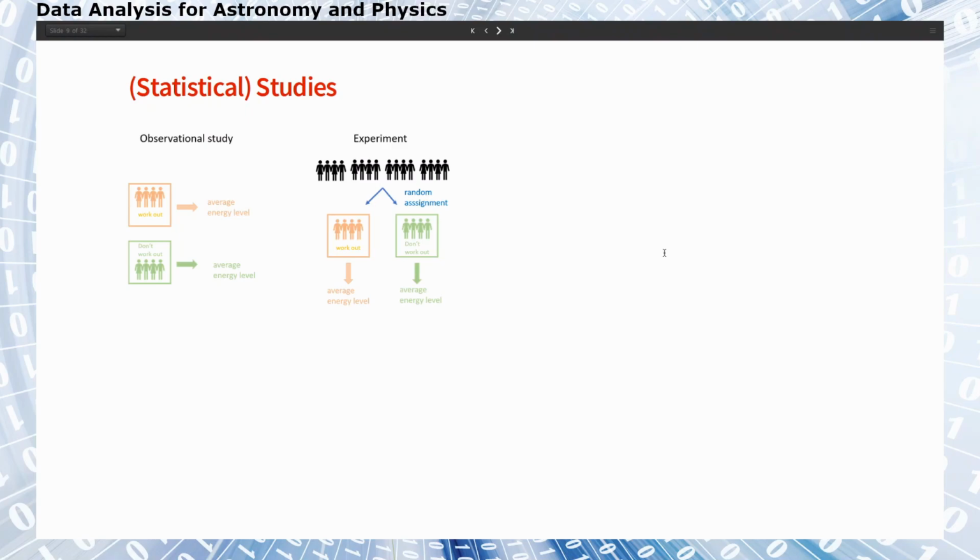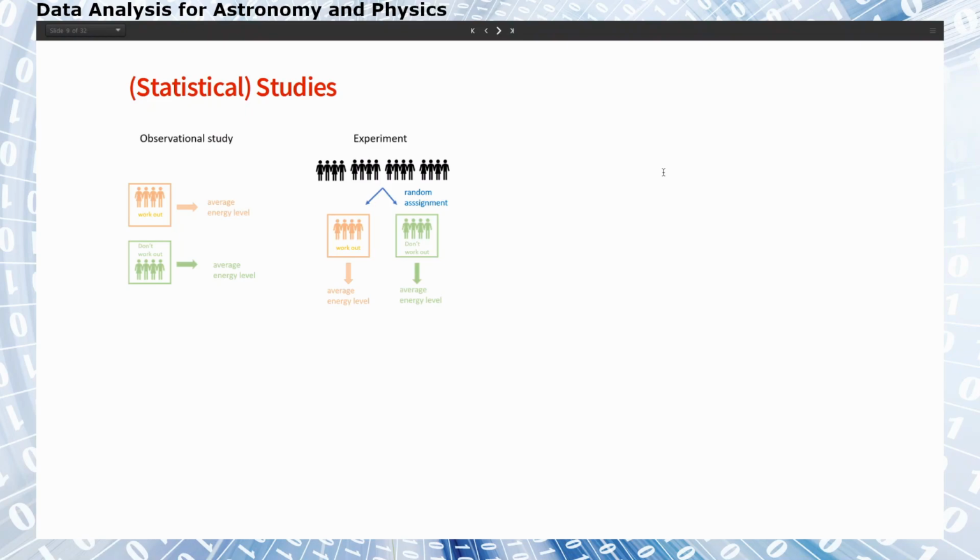So this is again a view graph showing the difference between the two. Here the underlying example is we might be interested in how regularly working out changes or affects the average energy level of a person, the average calorie consumption. And if we do an observational study, we could, for example, measure the energy level of people that regularly work out and compare them with a group of people that doesn't work out.